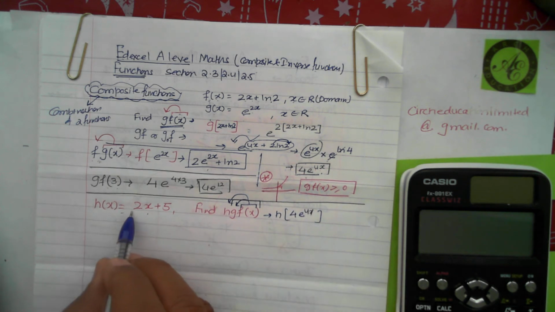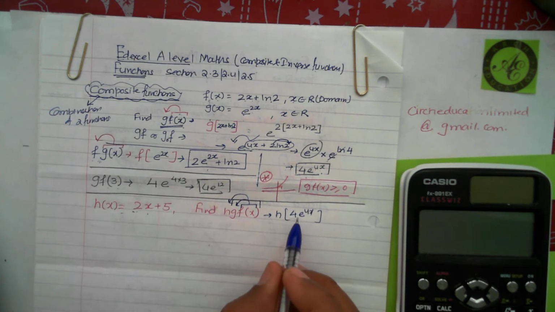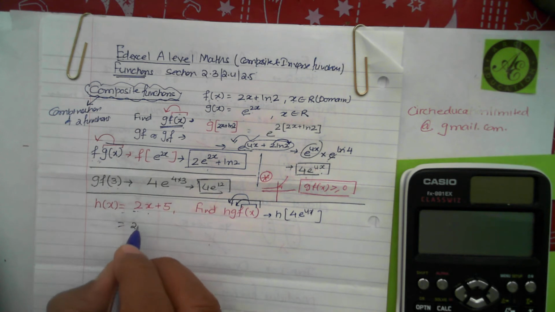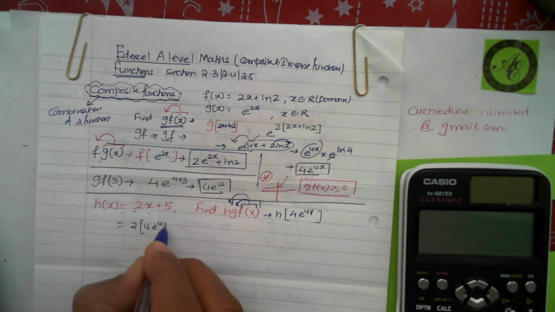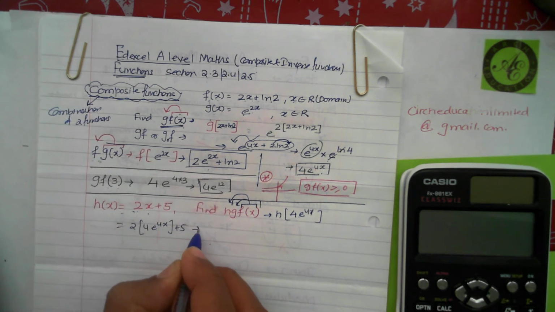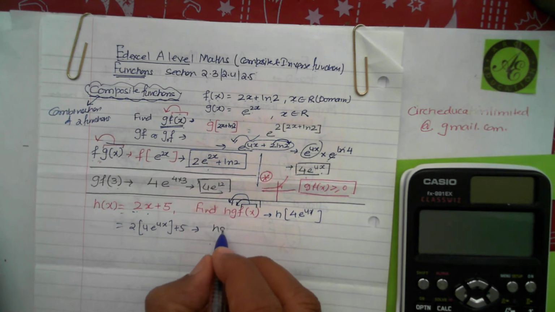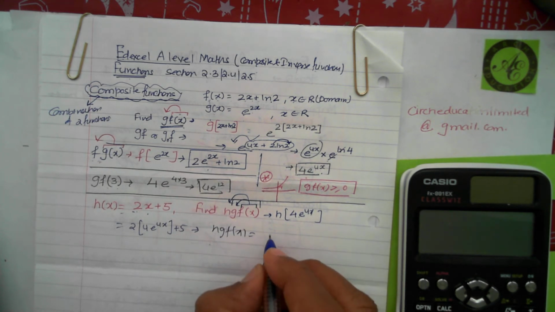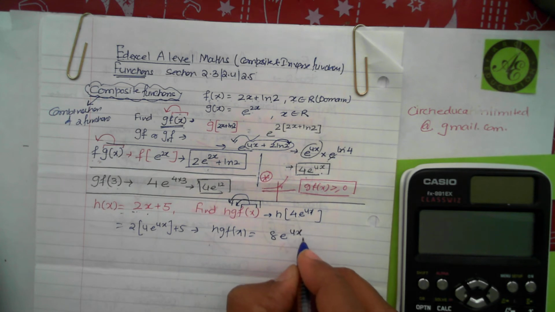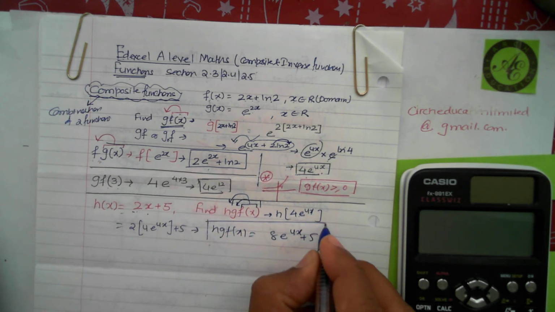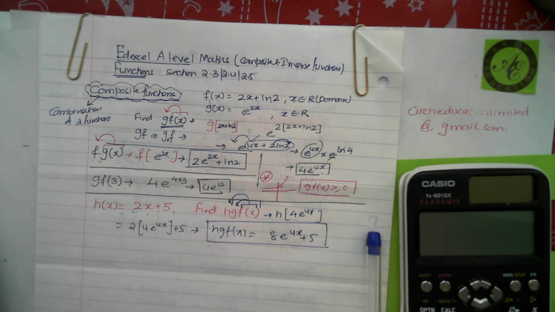Then wherever I see x on the right side of the h function, put that in here. So it will be 2 times 4 e raised to power 4x plus 5. So the final answer of hgf will be 8 e raised to power 4x plus 5. Right, this is the variation in the composite functions.